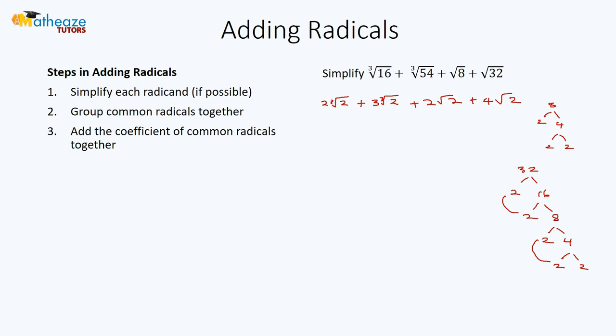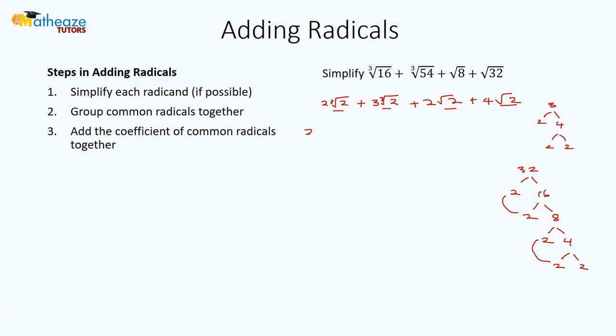So now we're going to group common terms together. So we can see these are common, and then these two are common here. So the ones with the cube root are common, the ones with the square root are common, because they have the same radicand, which is the number under the square root sign.